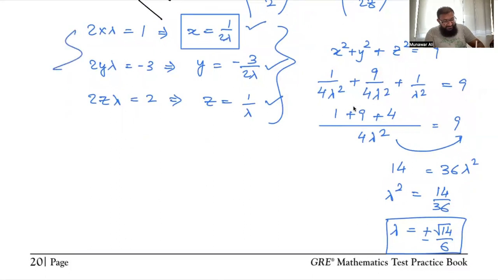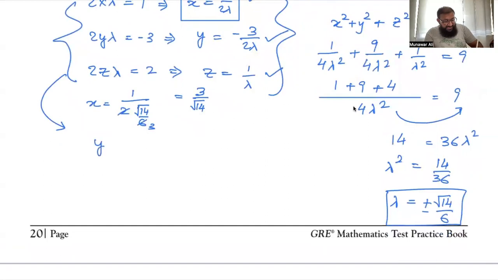So from these equations, my x is 1 over 2 times lambda, where lambda is square root of 14 divided by 6. So this gives me 3 divided by square root of 14. And the value of y is -3 over 2 times lambda, where lambda is square root of 14 divided by 6.